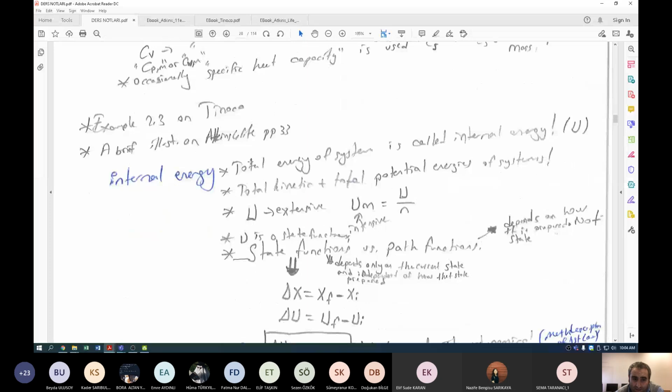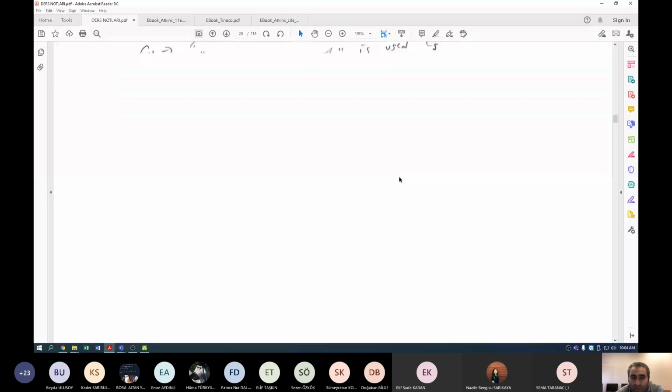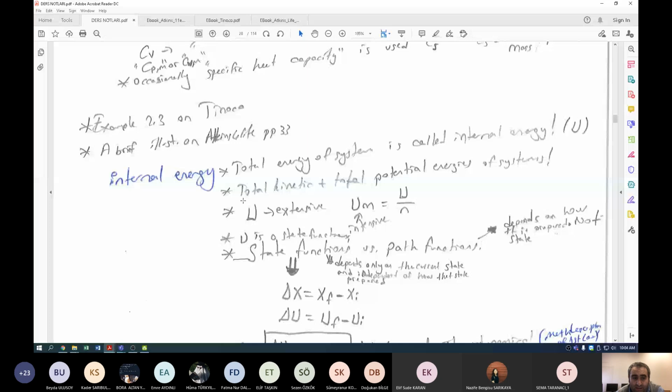The total energy of a system is called internal energy. This is what we have described. Internal energy was formed by the combination of kinetic and potential energy terms. Internal energy is also an extensive quantity, and to make it intensive, we put an m subscript.